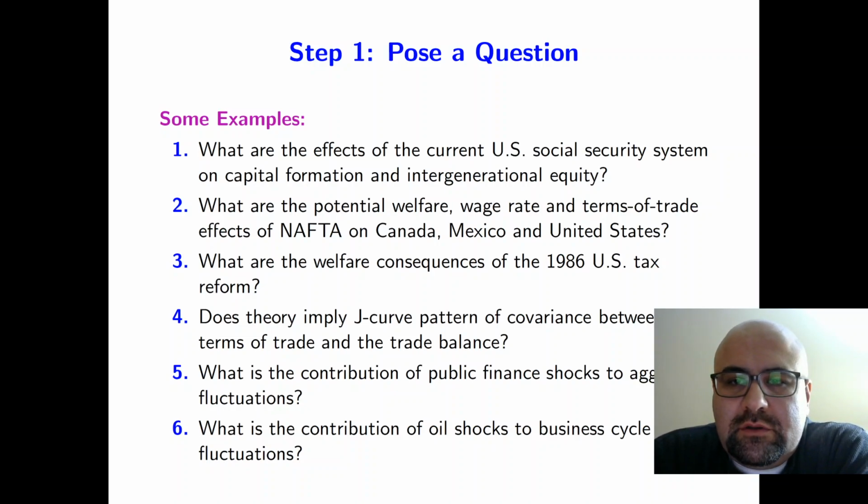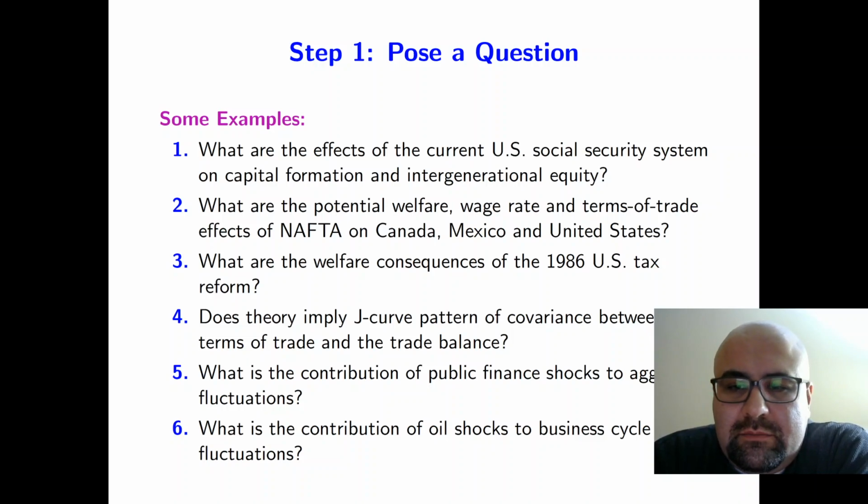What are the effects of the current U.S. social security system on capital formation, international equity? Right. So that's one example. And then you see some terms of trade effects and wage rate effects of NAFTA on Canada, Mexico, and United States. And then the U.S. tax reform of 1986.